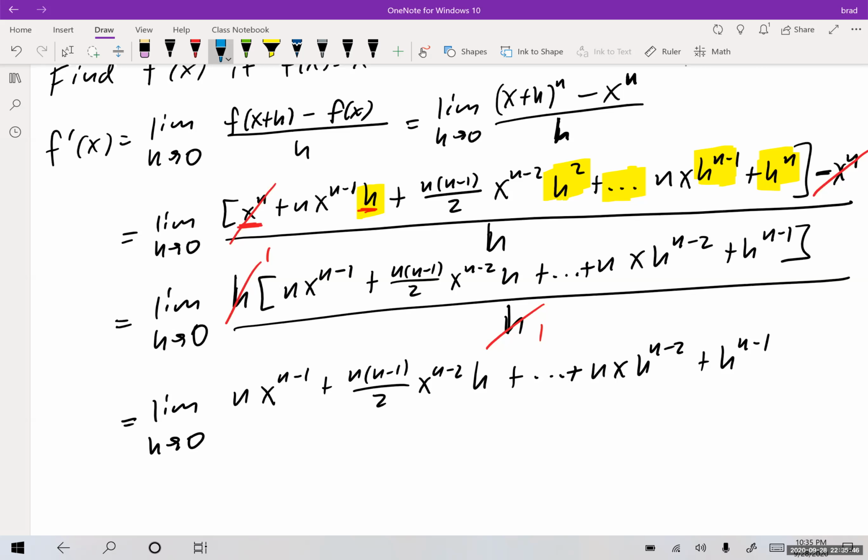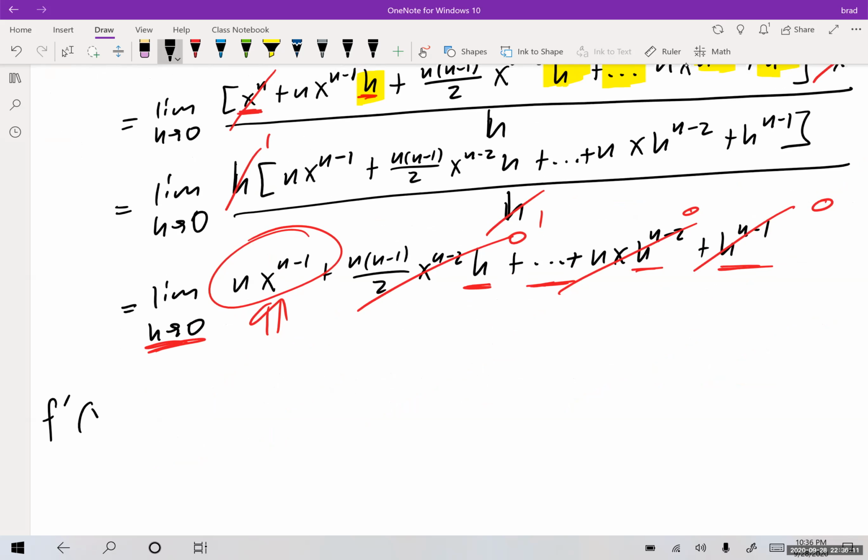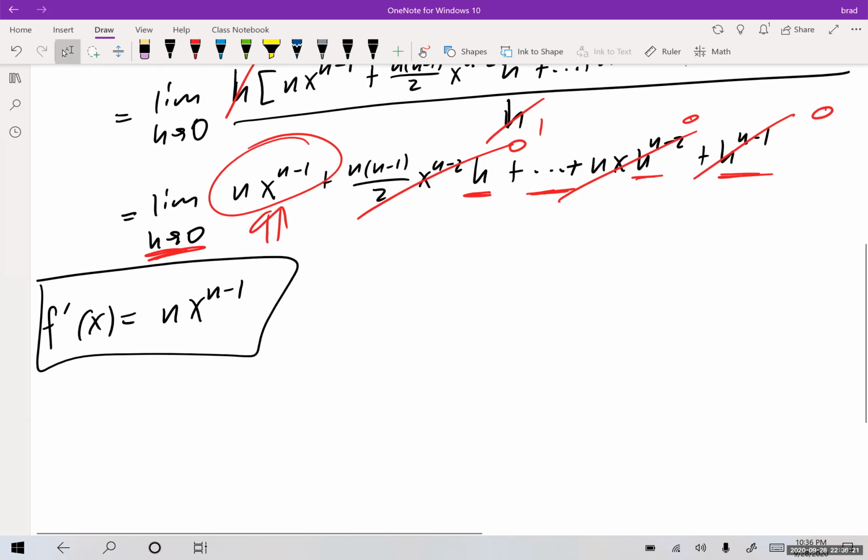Now what we notice is this term, all these middle terms, and this term, all of the terms that would be generated from this all have an h in them, except this term. And if h is approaching 0, then this is going to become 0, this is going to become 0, this is going to become 0. And this is the only term that will not become 0. So then our answer, which is f prime of x, is equal to n times x to the n minus 1. And as it turns out, that is our formula for the derivative of x to the n.